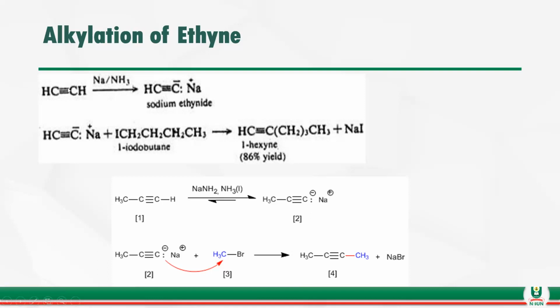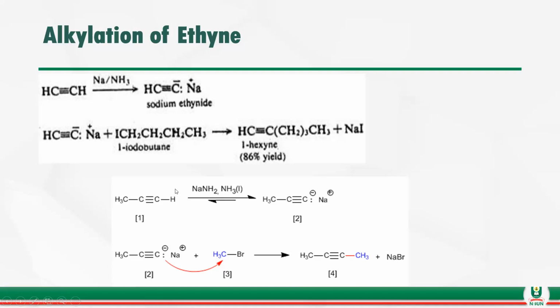Here we used ethyne. Here we are using propyne. You can see in this, there is only one carbon to hydrogen bond that is directly attached to the triple bond. Then sodium amide is a strong base, which picks this hydrogen, okay?